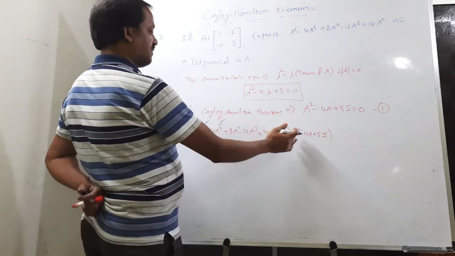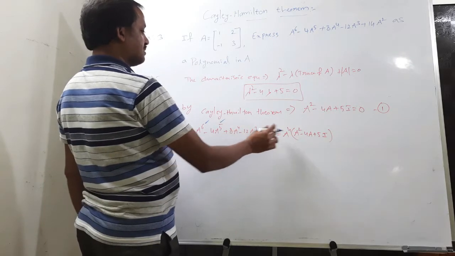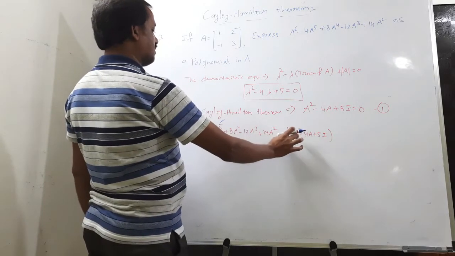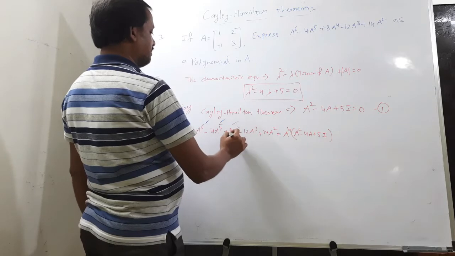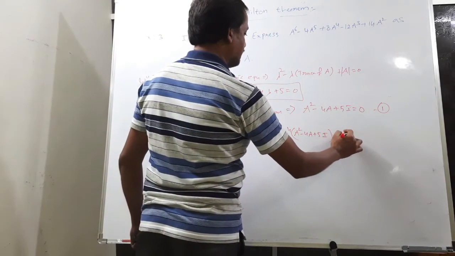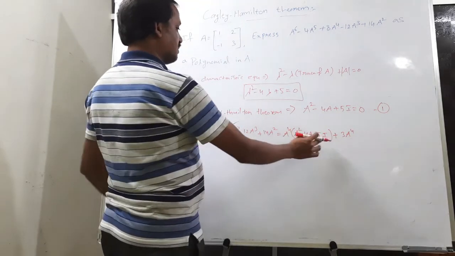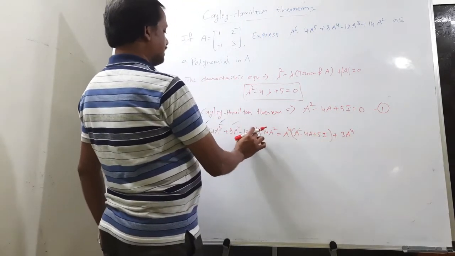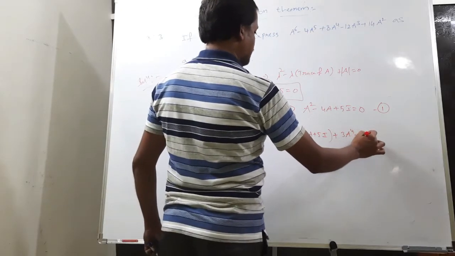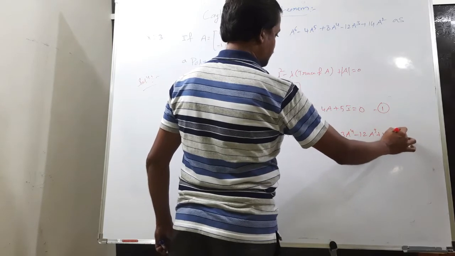Here 5A power 4, but we already have 8A power 4, so here we are using 5A power 4. Remaining is 3A power 4, so you can take 3A power 4. So this whole quantity is completed. Next, minus 12A cube plus 14A square.